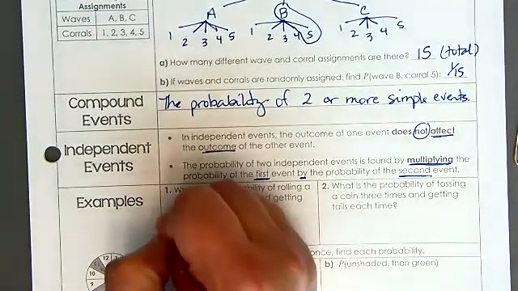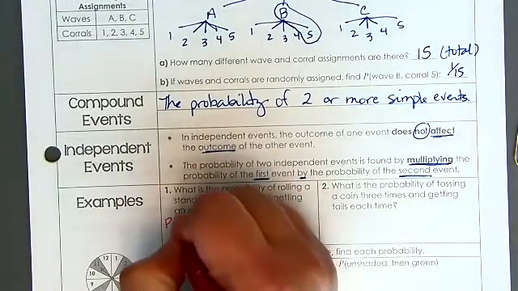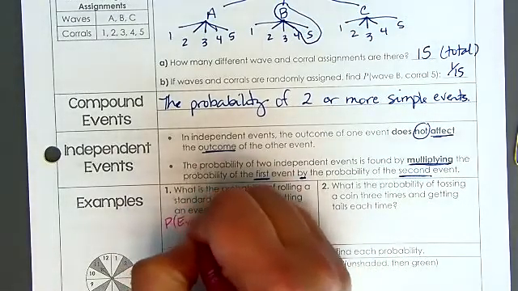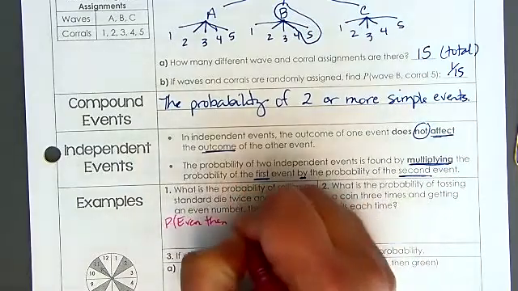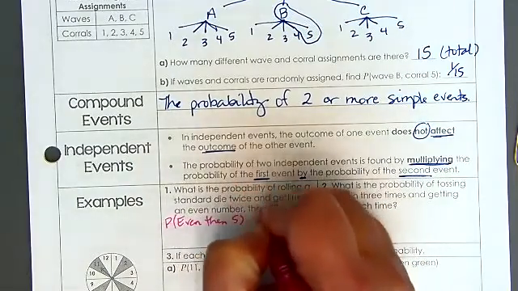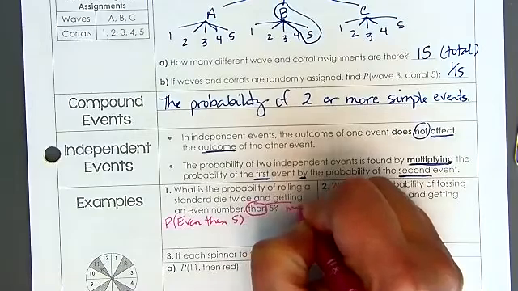In our notation, we write the probability of even, then 5. The key word here is then. That lets me know I multiply.